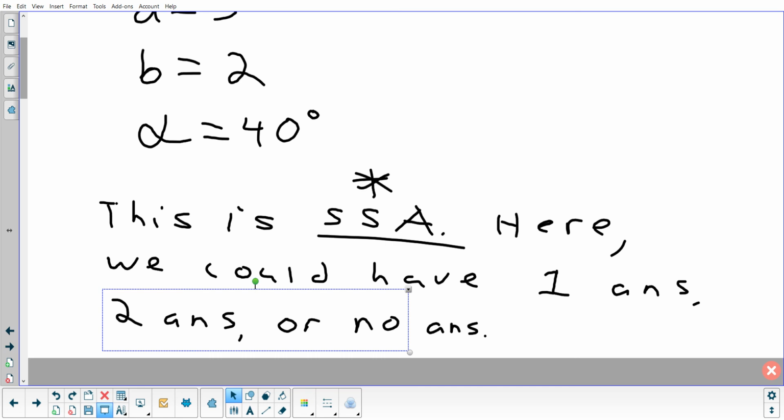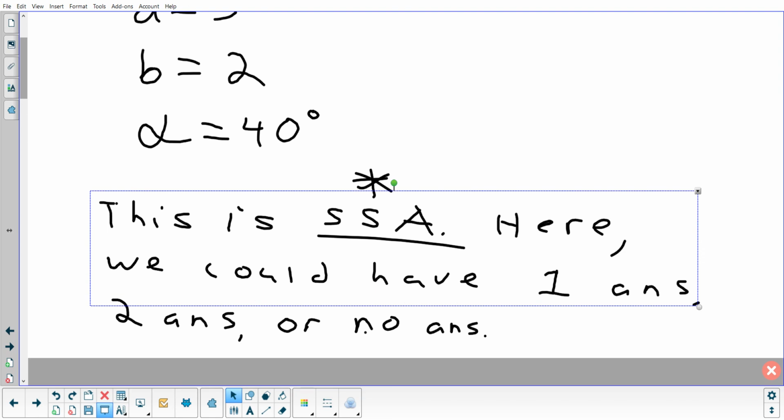Out of all 5 cases we're going to study, 3 today and then 2 in a couple lessons, that's the only one that this can happen. All right, so that's important to check. When you start solving this problem, you want to do it just like I'm about to show you. And I'll show you how you see if there's a second answer or if it's a no answer. If it's a one answer, you should already know how to do it. That's what we just did.